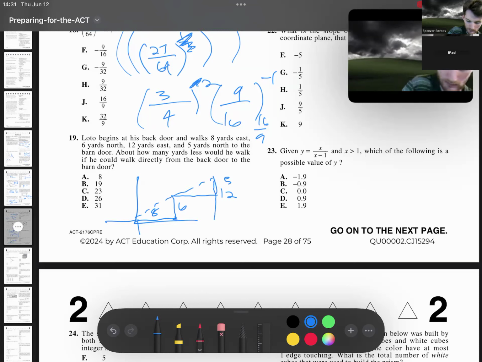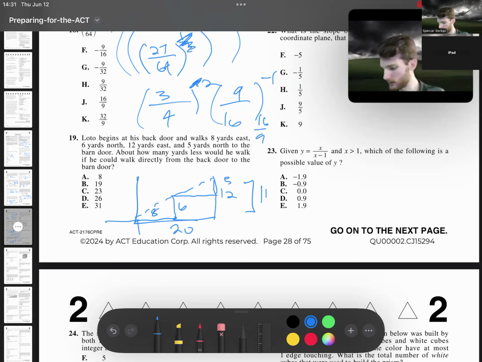All right. So this means 8 plus 12 is 20, and then this length is 11. All right. 20 squared plus 11 squared is 521 to the power of 0.5, or square root, is 22.8.